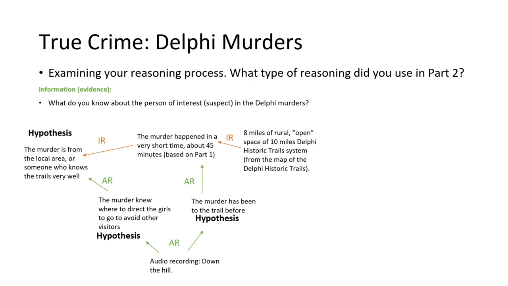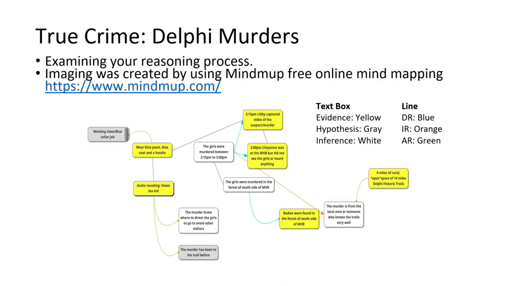45 minutes was a very short time to murder two girls. Therefore, I think, very likely, the killer is from the local area, as the podcast host says, or someone who knows the trail very well. As an educator, there are tools that could help you organize your reasoning process.